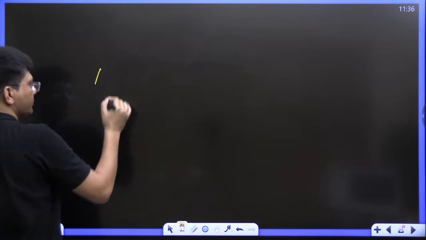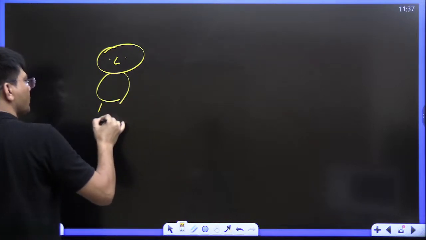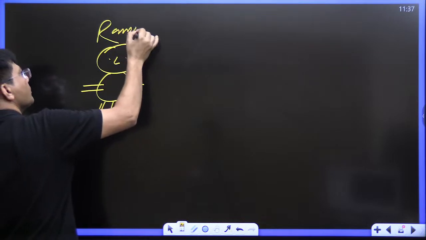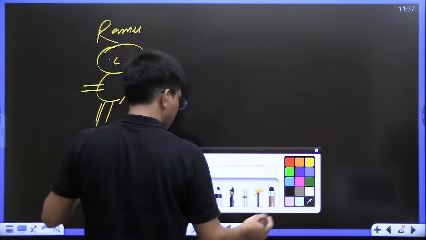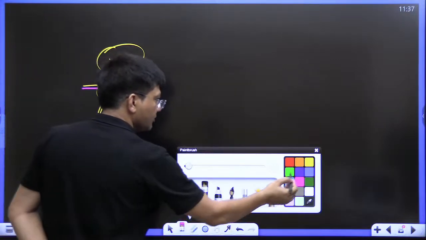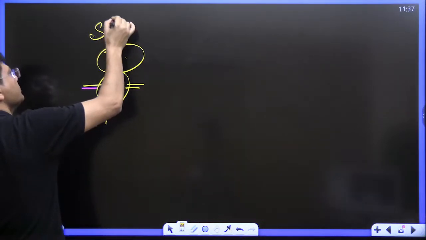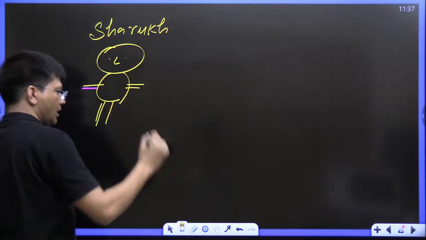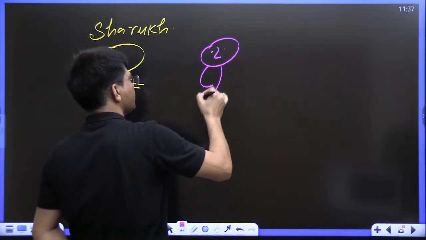One human being, let us suppose this is Ramu, and this is, let me change the name, this is not Ramu, let us suppose this is Shahrukh, and this is Salman.